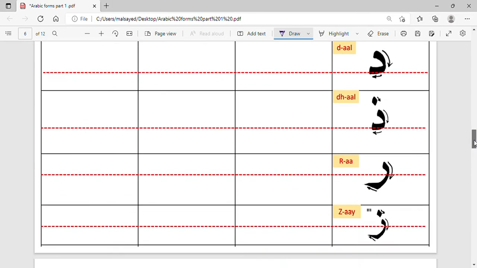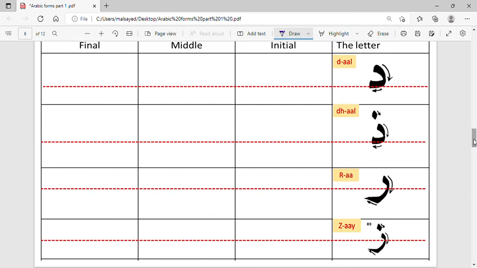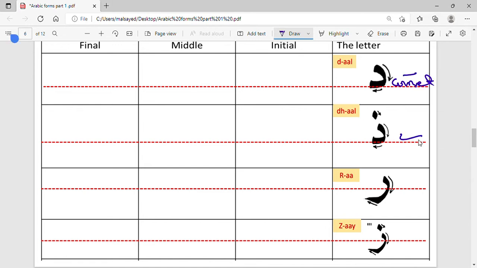These letters only connect with the right side. They don't connect with after. So they only connect here. They connect here, but they don't connect with the letters after. They only connect with the letters before.